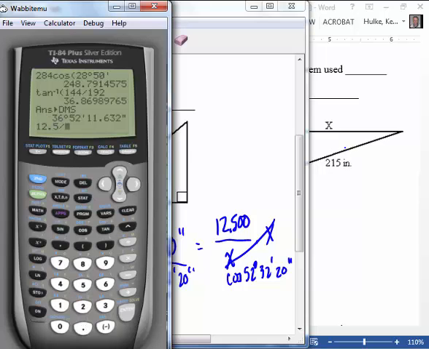So 12.5 divided by cosine 52 degrees, 32 minutes, and 20 seconds.